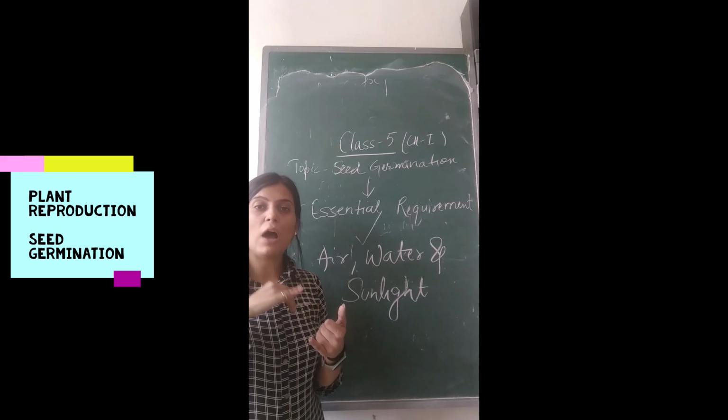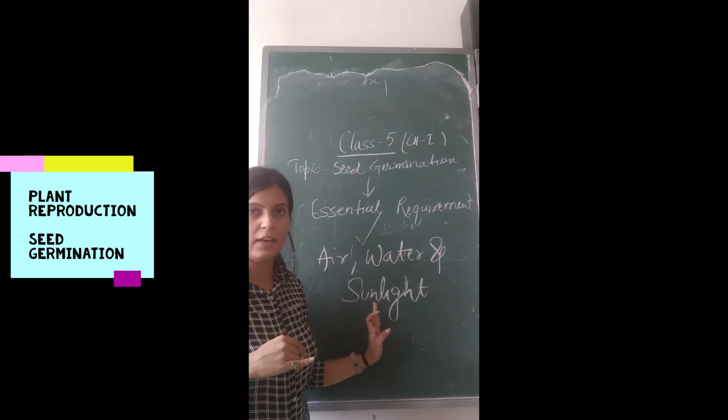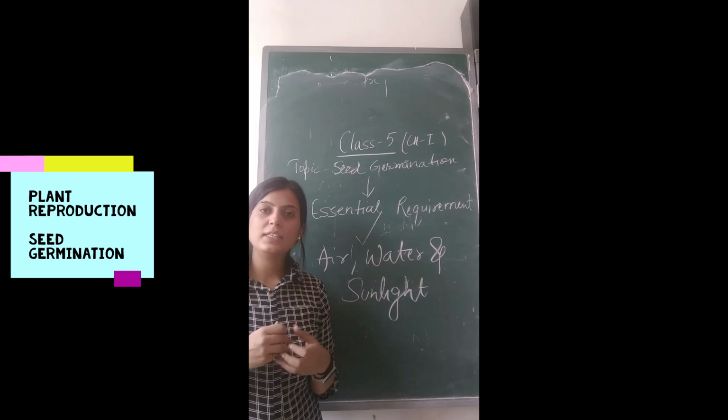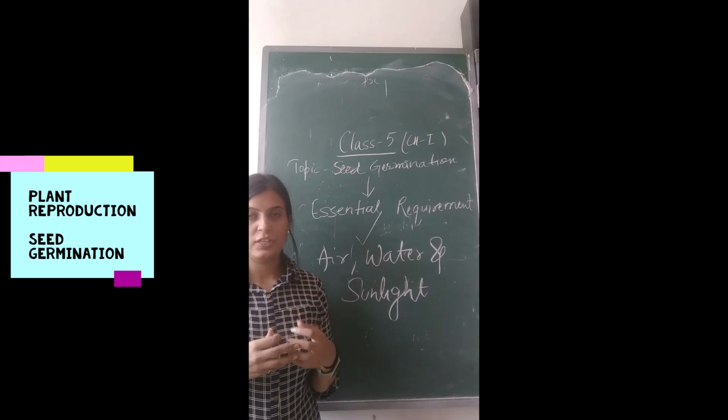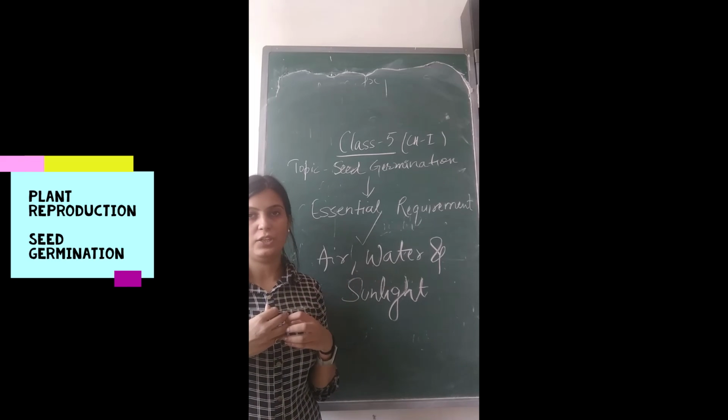This means that you have to provide seeds with air, water and sunlight. This is the process of germination and the essential requirements for seed germination.